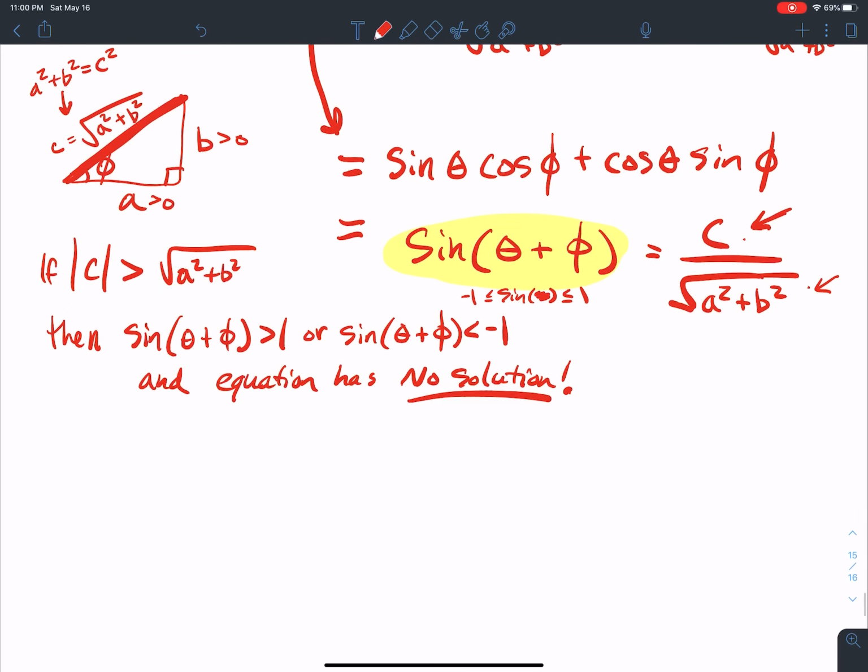So we have to know that the absolute value of c is less than or equal to the square root of a squared plus b squared.